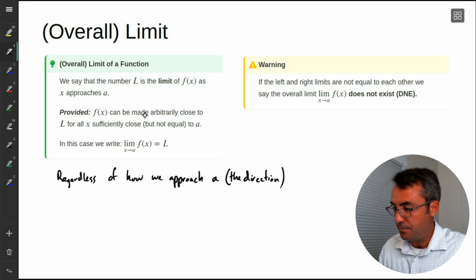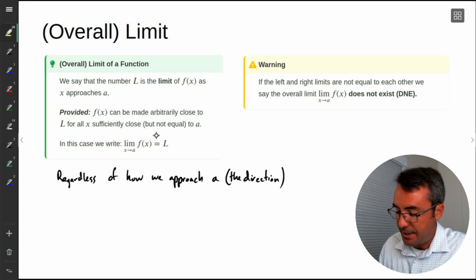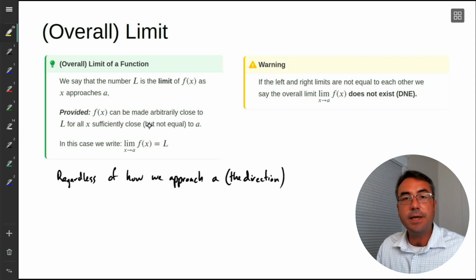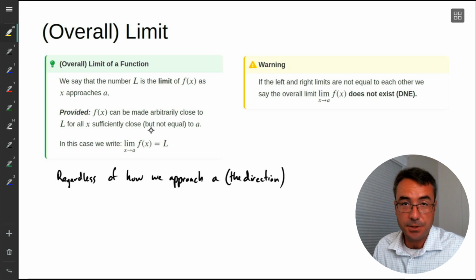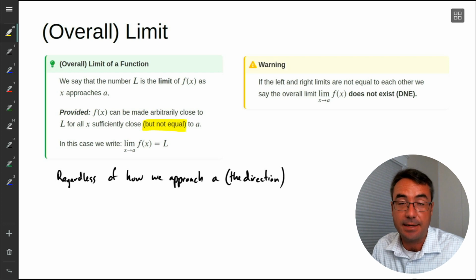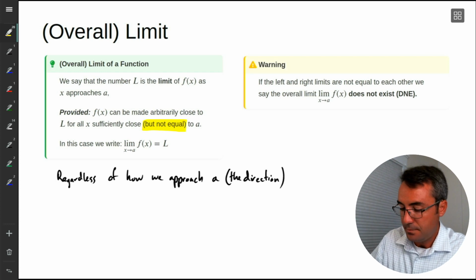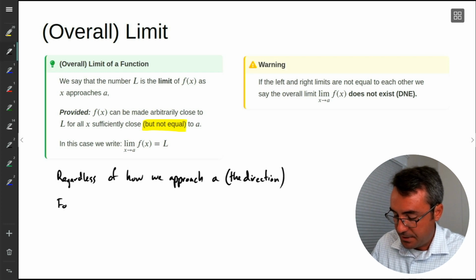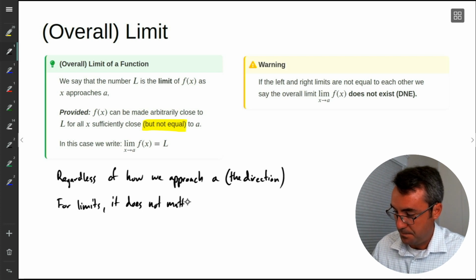Now one thing to kind of keep in mind here with this definition is that when we talk about the limit, it's only as the inputs are getting closer and closer to a. We don't actually consider what happens directly at x equals a. So for limits, it does not matter what happens directly at x equals a.